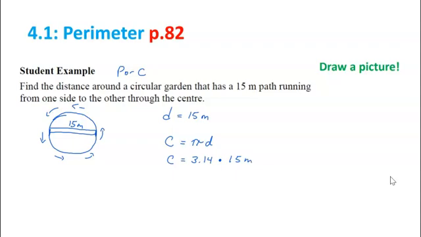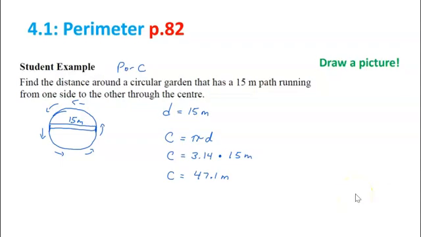When I go ahead and do that, I'm going to grab my calculator, 3.14 times 15, so we get a value of 47.1, and that's 47.1 meters all the way around that circular garden.